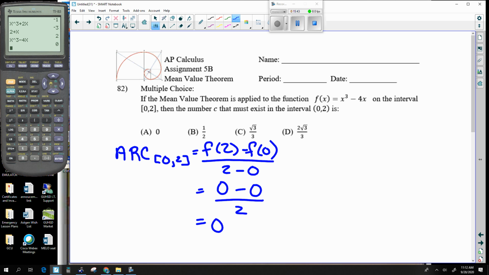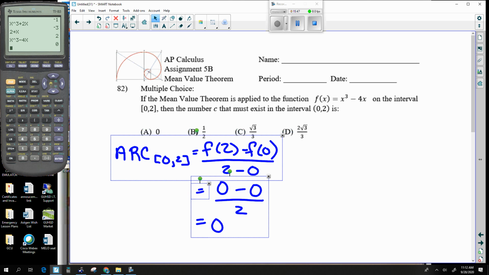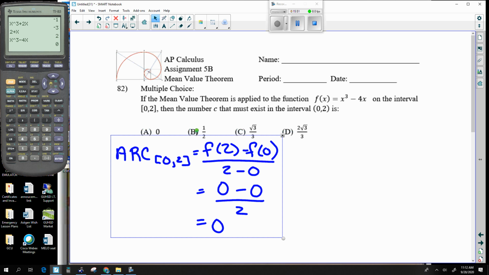Okay, so this could be Rolle's theorem, technically. When the average rate of change is 0, you can use Rolle's theorem.